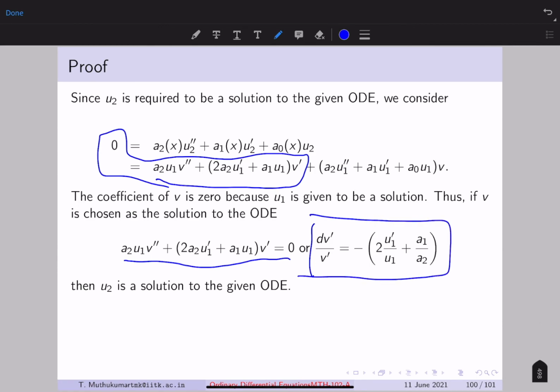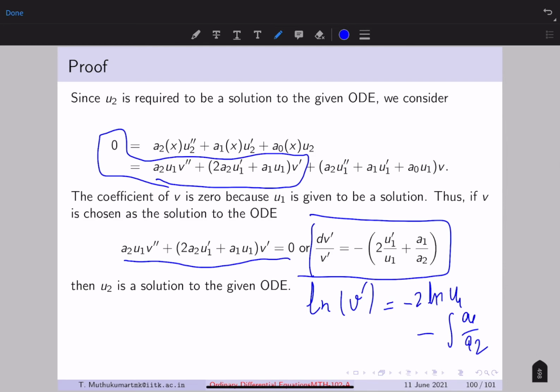Now this is easy. If you integrate, you can solve for v from here, because you get log v prime equal to minus 2 log u1 minus integral a1 by a2.